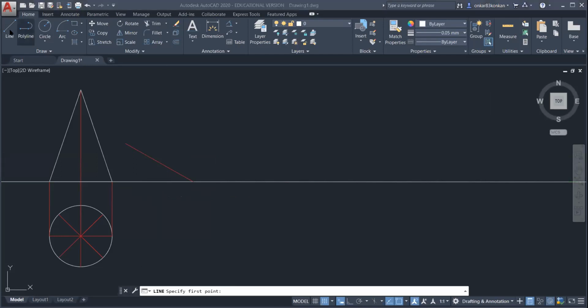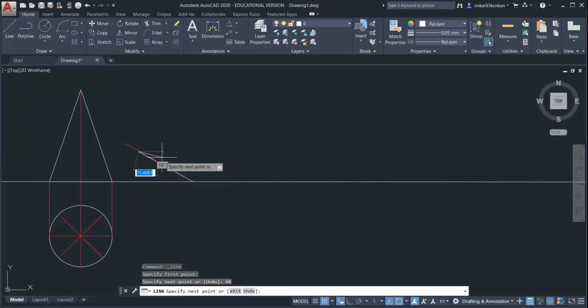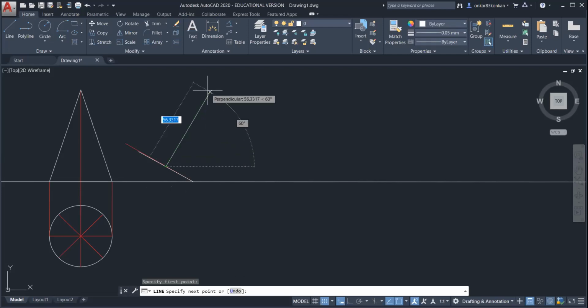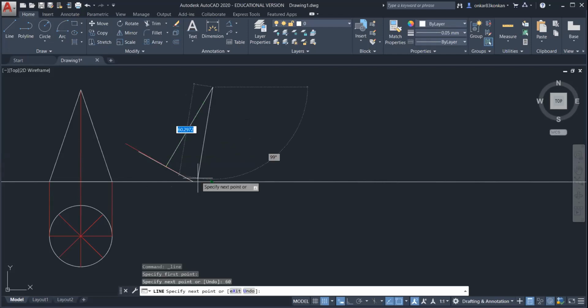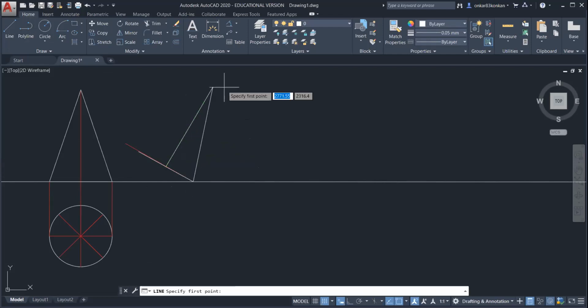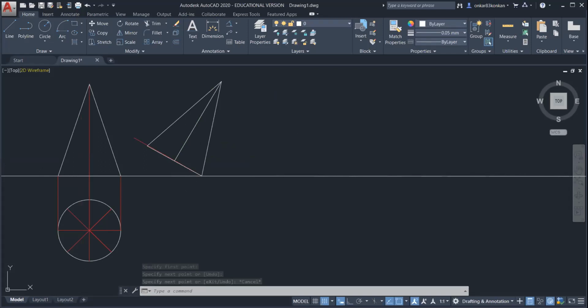Now on this line, mark the length equal to 40 mm. This will represent the base. Then you can complete this triangle.